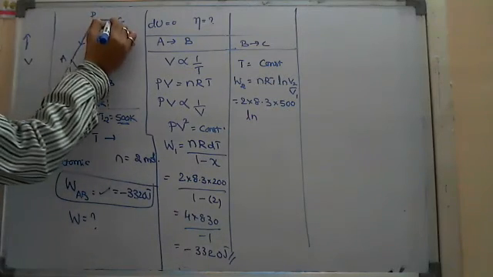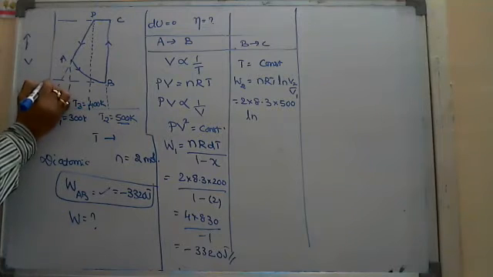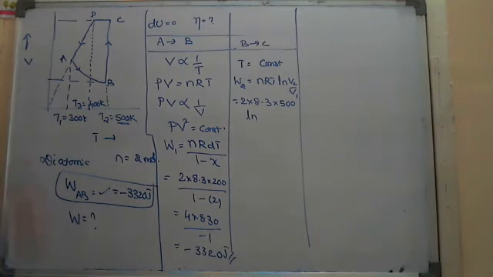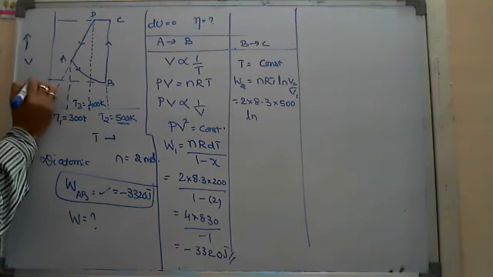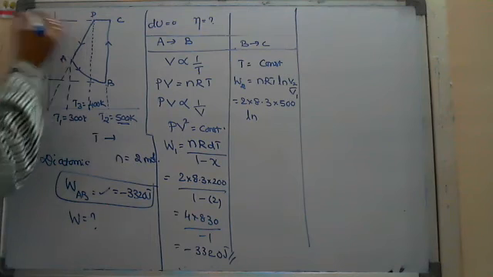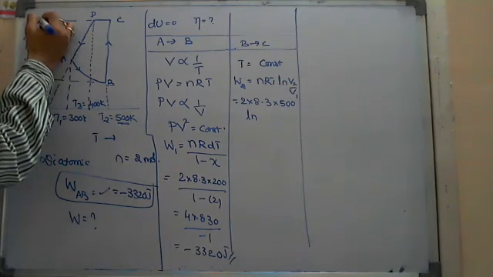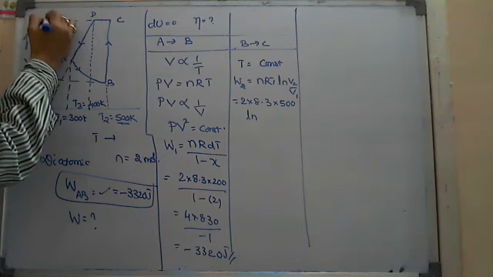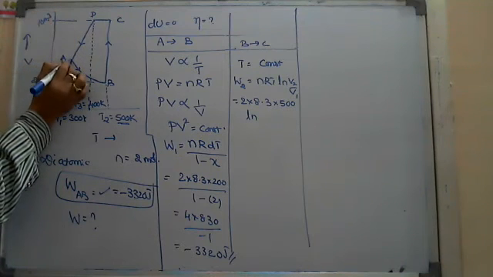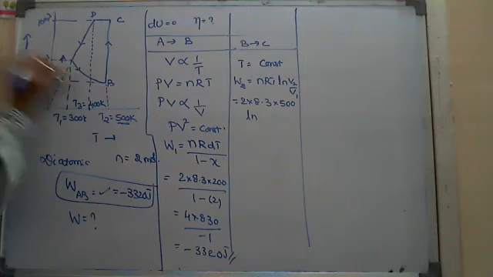We have to know the volumes here. Suppose they give the values of volumes as 2 meter cube here, 10 meter cube there, and here the volume is say 4 meter cube.